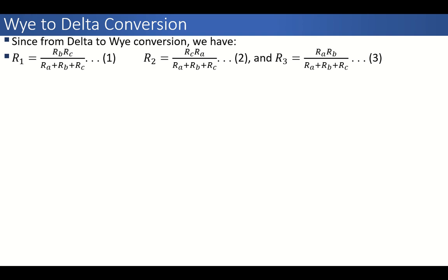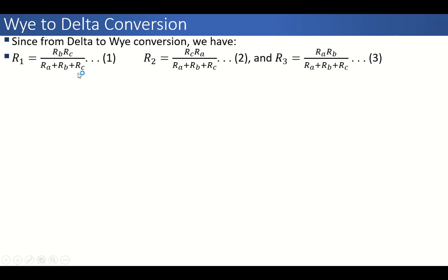So next we want to convert the Y network to delta network, that is we want to convert back the Y network to delta network. That means that we want to express RA, RB and RC in terms of R1, R2 and R3 only. So we have these equations.